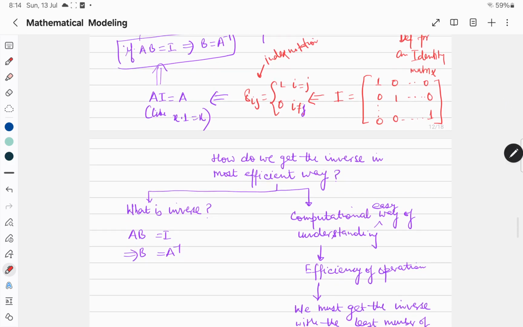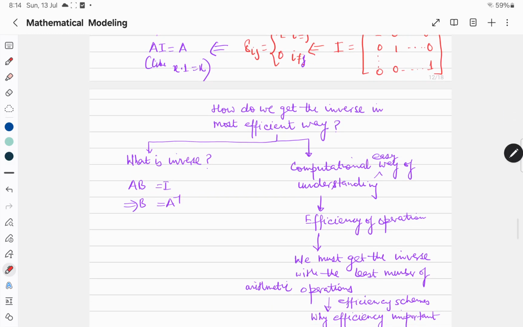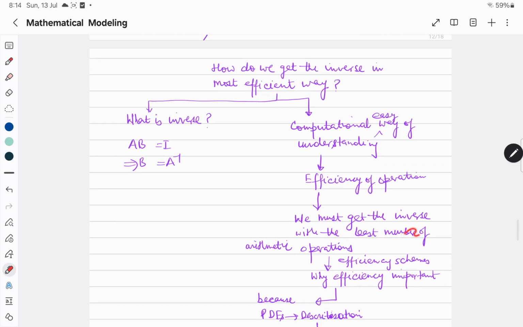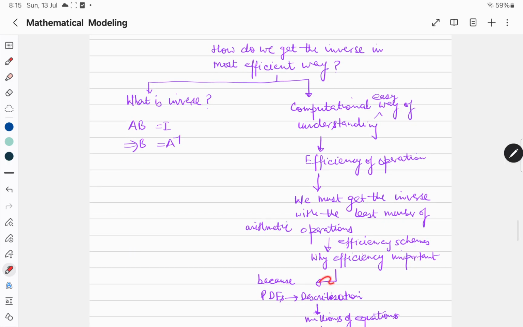So how do we get the inverse in the most efficient way? Because the question is, what is the inverse? AB is equal to I, then B is equal to A inverse. This is the conceptual definition. Now what is the computationally easy way of understanding it, meaning efficiency of operation? We must get the inverse with the least number of arithmetic operations, and for that purpose you have to develop some efficient scheme. Why is efficiency important?